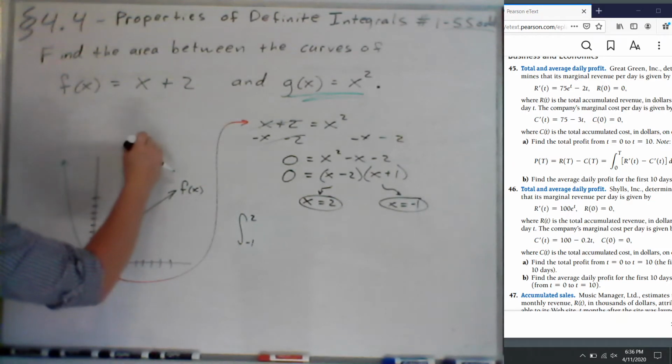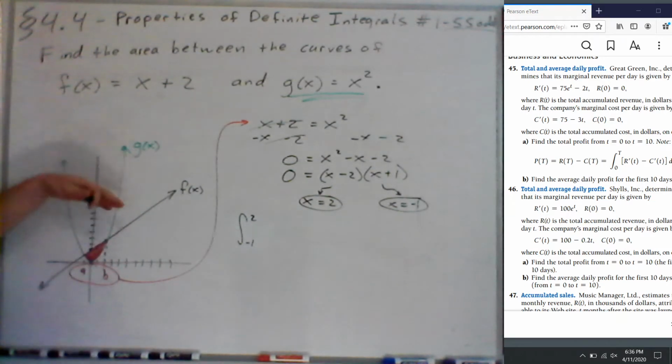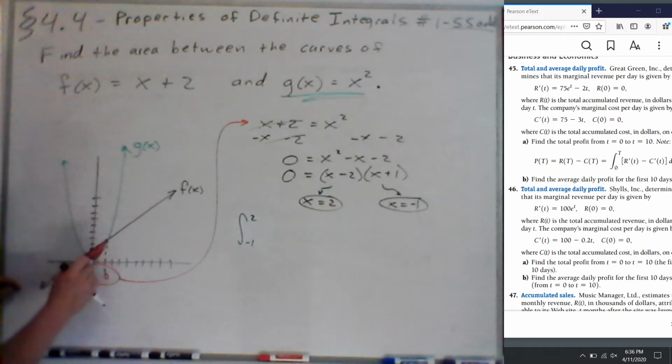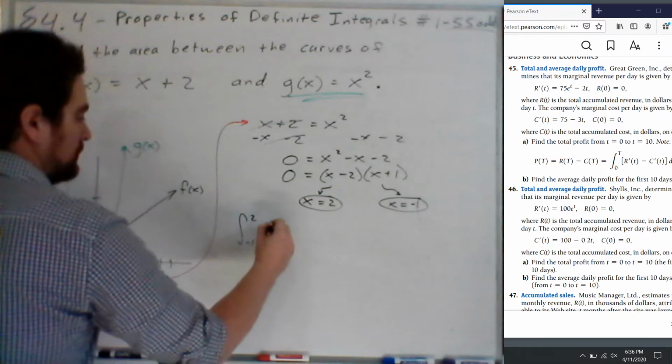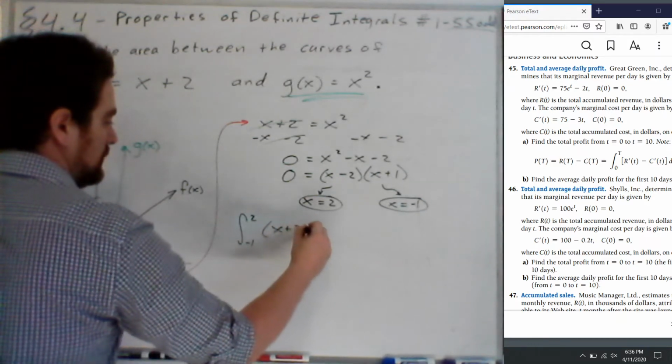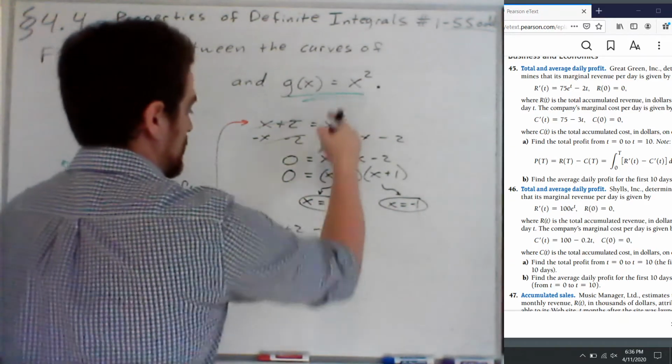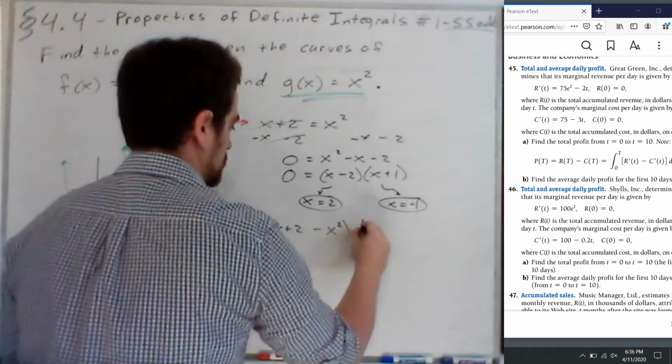I know the green function g of x actually looks like it lives above f of x, and for the most part it does. But the area we're concerned about here, it actually lives under f of x. So the upper function is f of x, which is x plus 2. And then I want to subtract, again, we're only concerned about right here, g of x is the lower function.